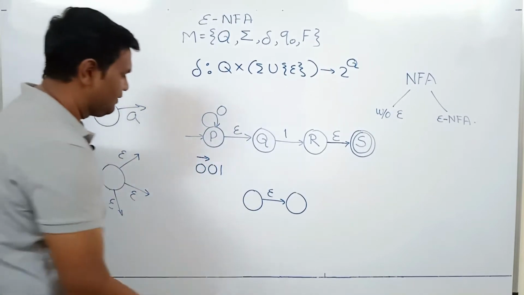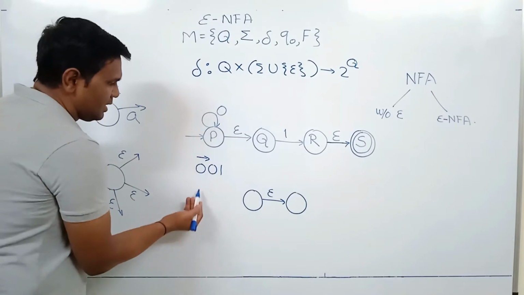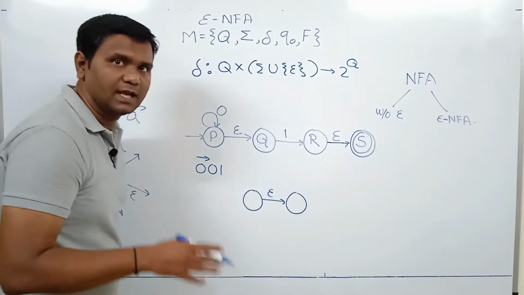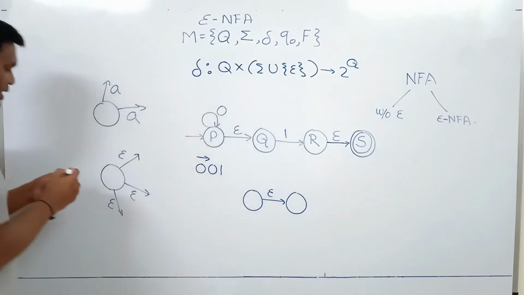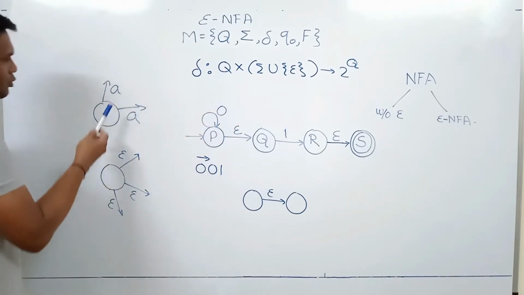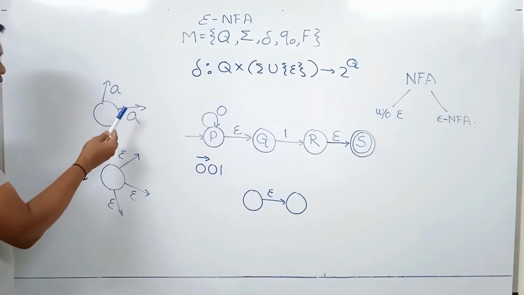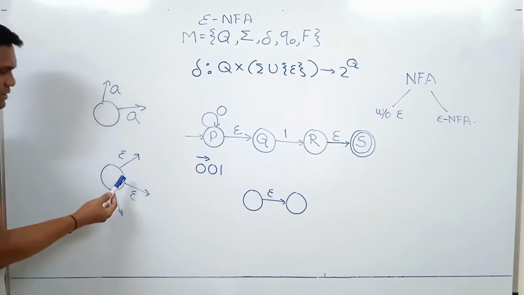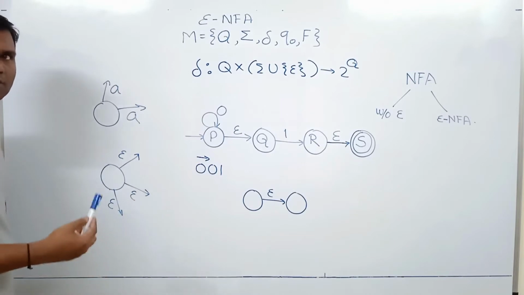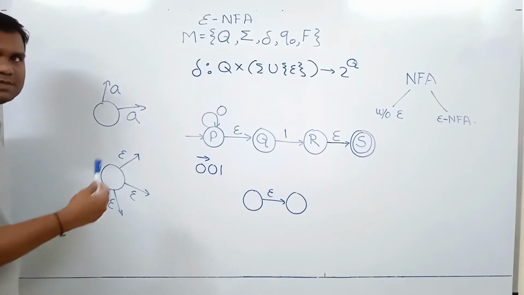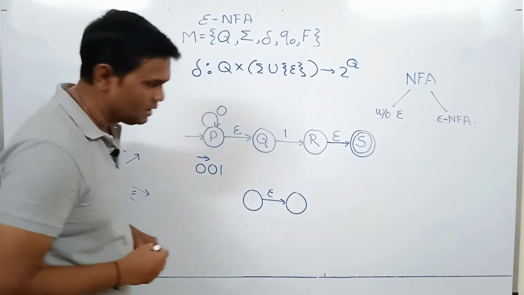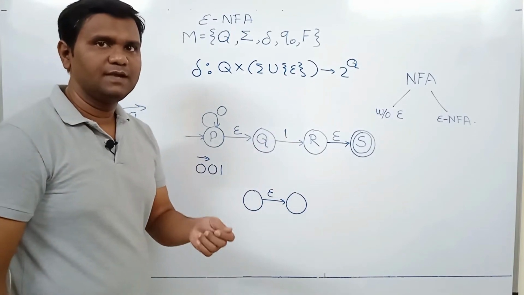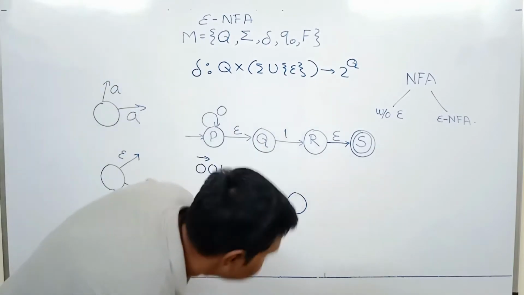In Epsilon NFA, while processing the string, either you process the next input symbol in the string or you process epsilon. So in Epsilon NFA, either you process a symbol 0, 1 or more number of times and you go to some subset of Q, or you process epsilon 0, 1 or more number of times and you go to some subset of Q. Now we will consider this example and understand how Epsilon NFA processes a string.